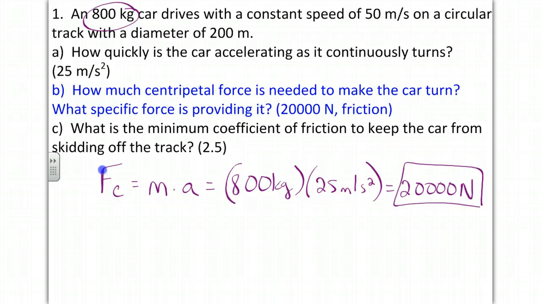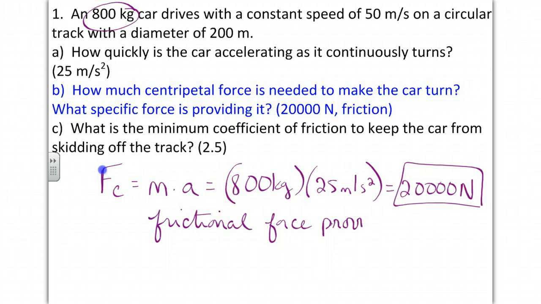And realize that the friction, or frictional force, provides the centripetal force. So essentially, the centripetal force is equal to the frictional force.